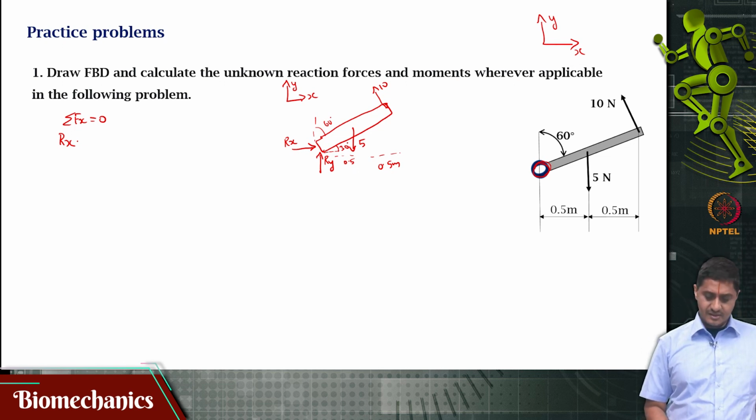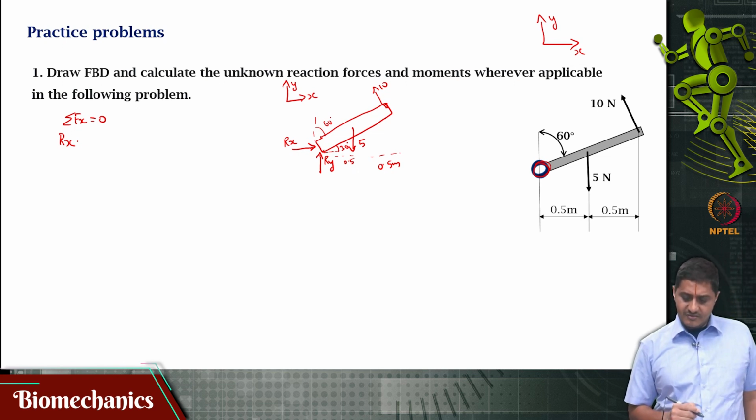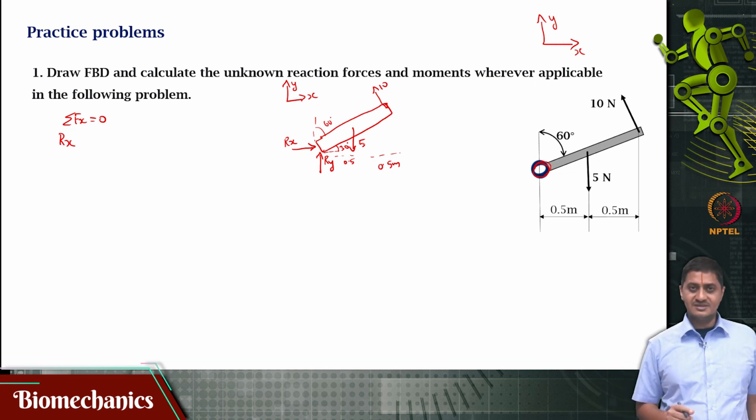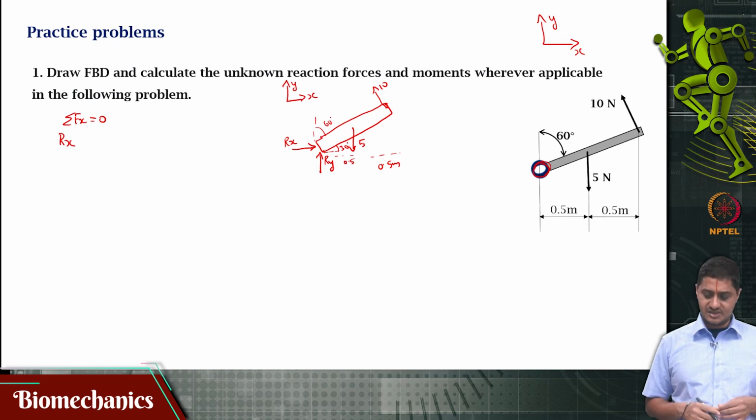Okay. Then will the 5 Newton force have a component in the x direction? The answer is no. Why? Because the 5 Newton force is in the negative y direction, so it has no component in the x direction. Okay. Will the 10 Newton force have a component in the x direction?